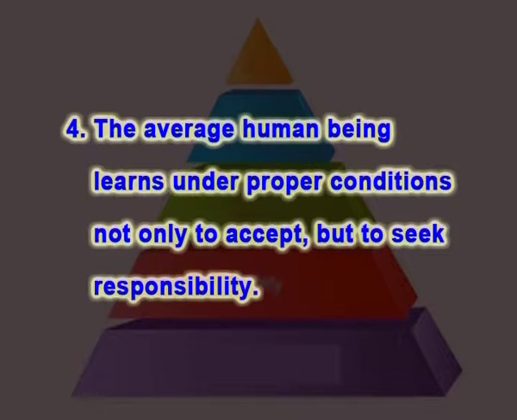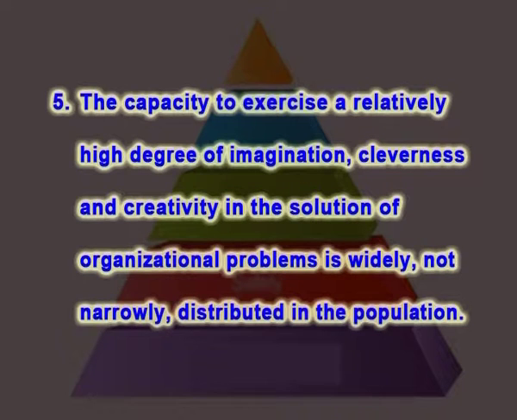The average human being learns, under proper conditions, not only to accept but to seek responsibility. The capacity to exercise a relatively high degree of imagination, cleverness and creativity in the solution of organizational problems is widely, not narrowly, distributed in the population.